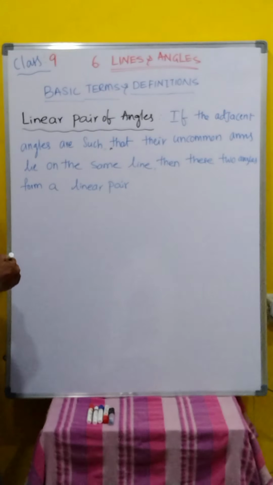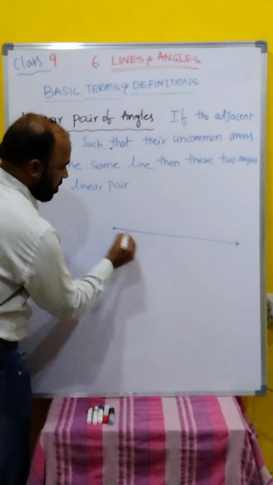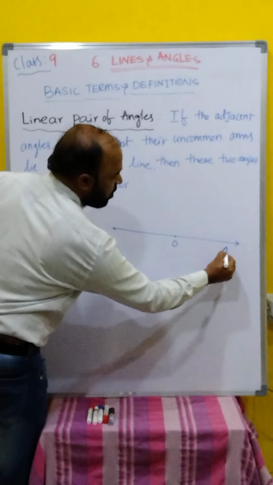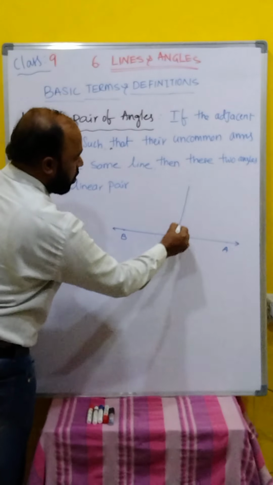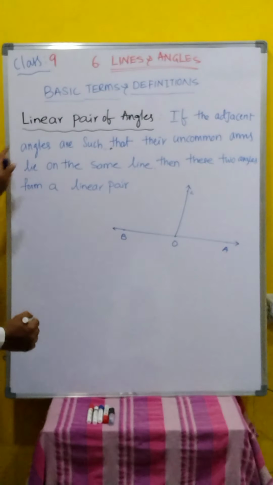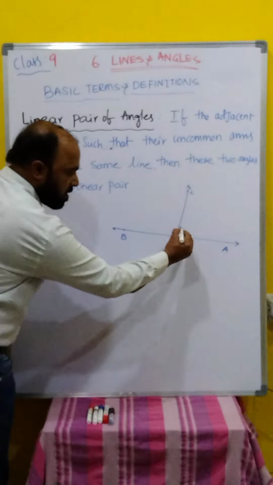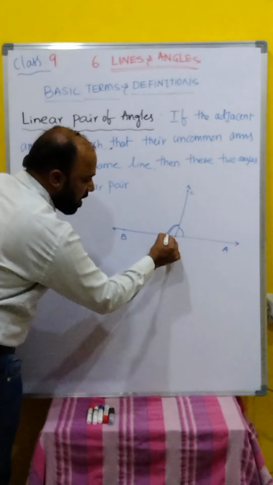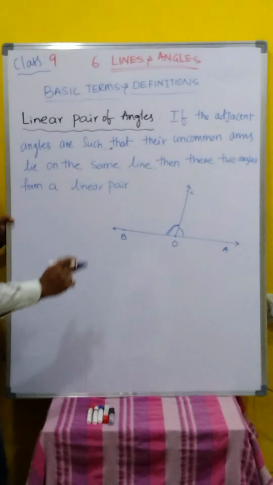Just now we discussed that, so go for that one here. Here is the line OA and here OB. One more ray, take any ray, that is C. Clear? Linear pair of angles. This one is one angle and this one is one angle. These two are what type of angles? Adjacent angles.